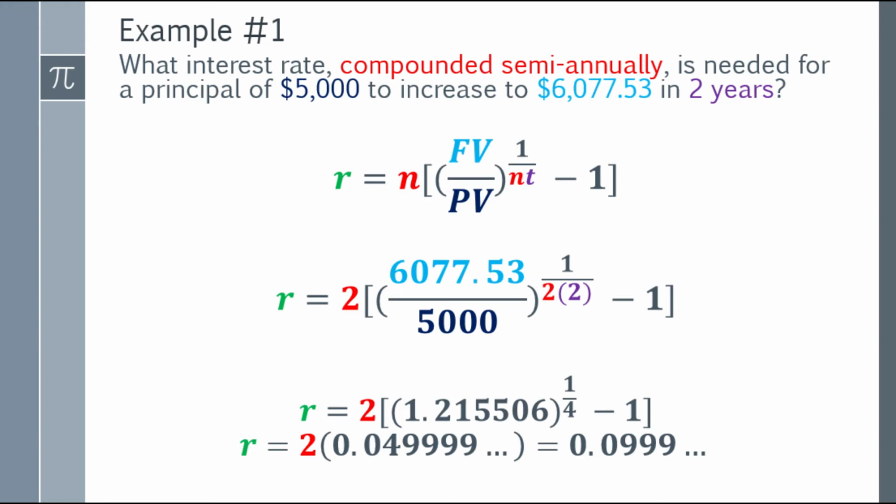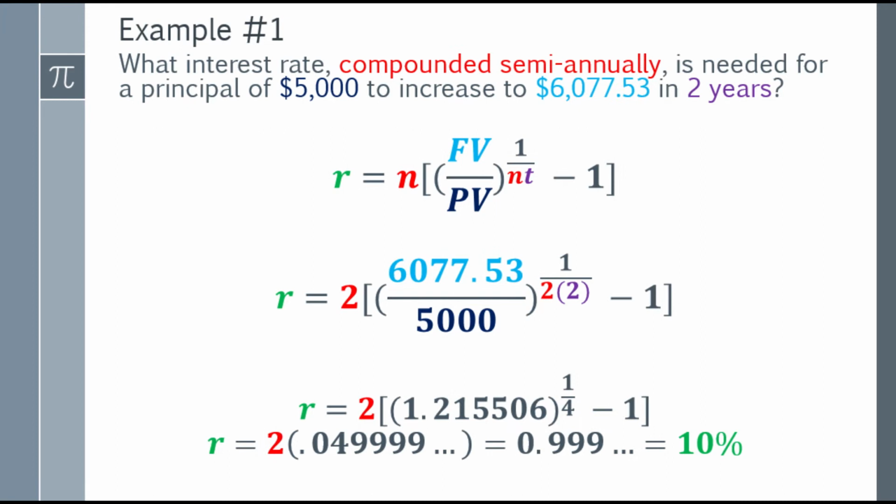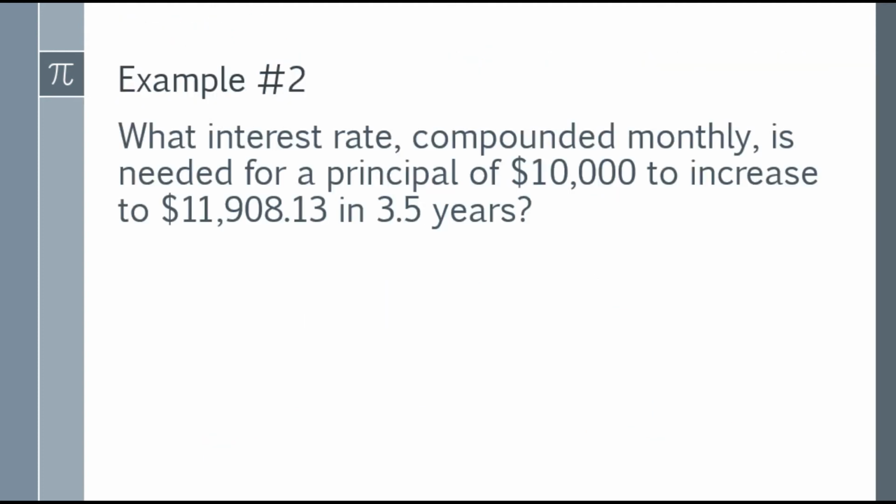So, to convert it to percent form, you have to multiply it by 100. So, the answer will be 9.99, di ba? Or 10%. So, dun sa tanong na, ano daw yung interest rate na ang bangko kapag nag-deposit ka ng 5,000 at naging 6,077.53 to in 2 years at semi-annually. So, 10% ang sagot.